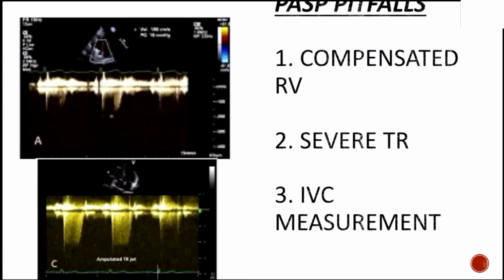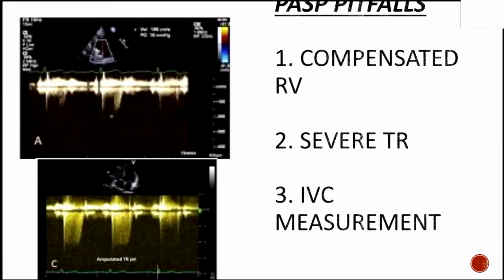So if you have a compensated right ventricle, meaning you have chronic pulmonary hypertension and your right ventricle is really thick and beefy and it's used to high pressures, it is going to be able to compensate for that gradient, and it is going to underestimate your PA systolic pressure. It's so strong that it's able to push that blood flow through and actually not cause more regurgitation.